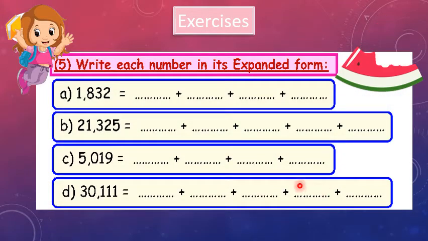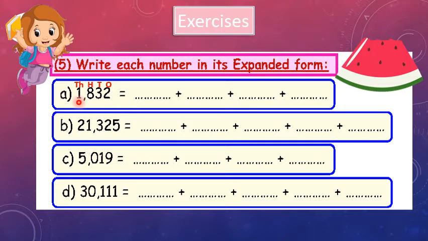Another exercise. Write each number in its expanded form. We have a standard form and want to write this number in its expanded form. Yes, we can begin from the right or from the left. We first write our place values above each digit. Then begin from the ones or from the thousands, as you want.